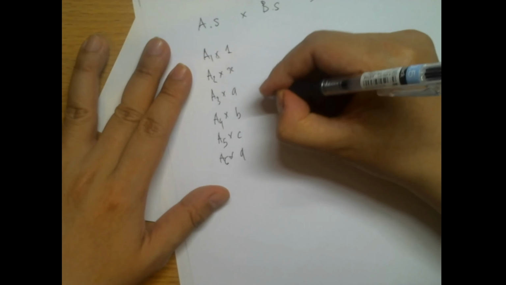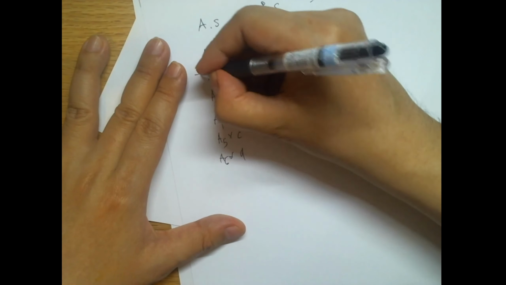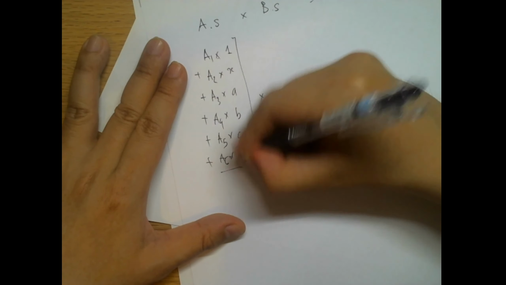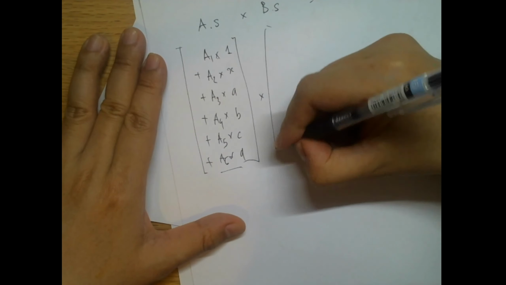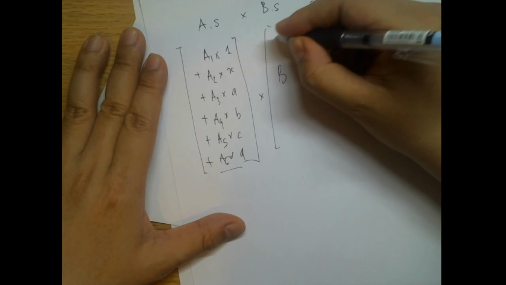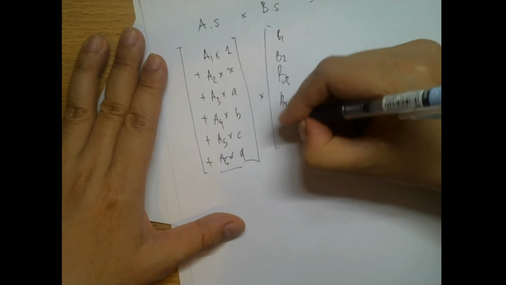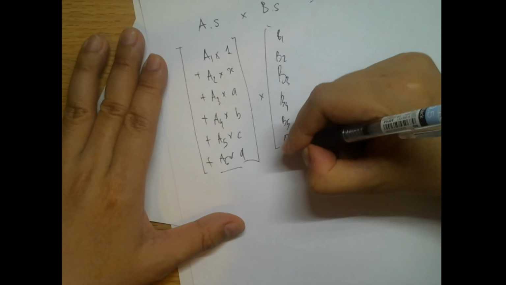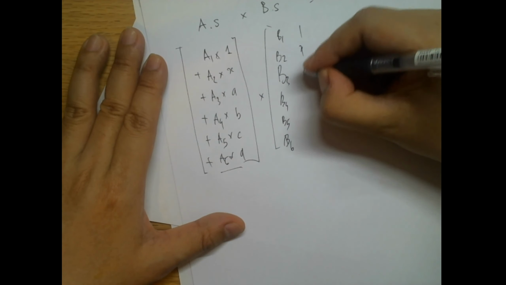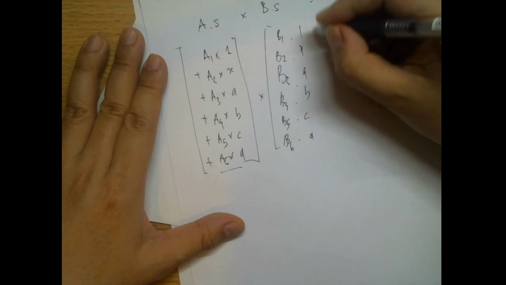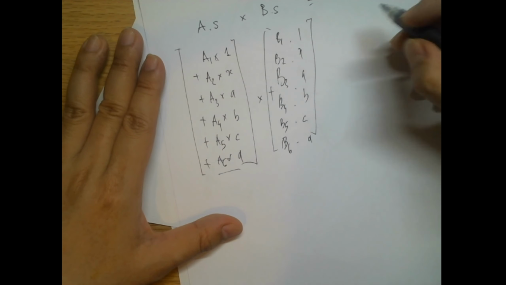then you sum the result, because it's a scalar product, and the result of this is I multiply by the same thing with b, so b1, b2, b3, b4, b5, b6 with 1 x a b c d. Same stuff here with a big plus here, and then the same with c.